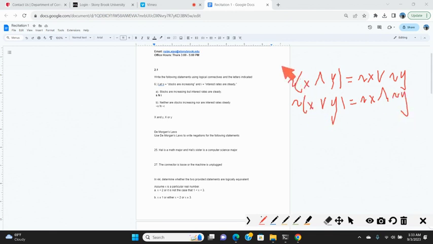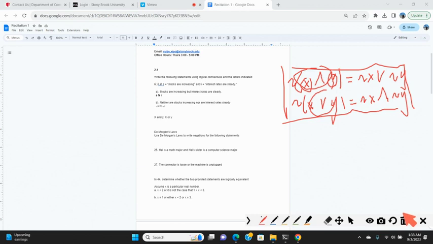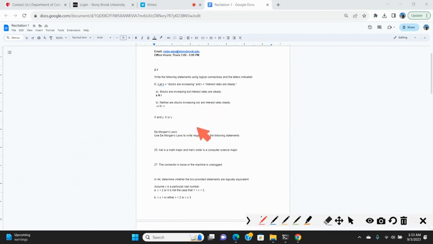So what basically De Morgan's law state is that if you are negating a statement of one of these two forms, what you do is you negate each of the individual parts within and flip the connective. So if it's an or, you turn it to an and. If it's an and, you turn it to or. So let's see this applied to a problem.